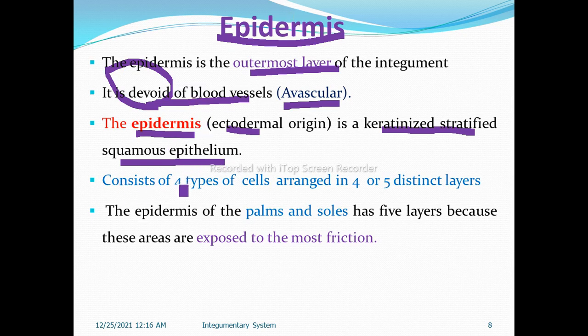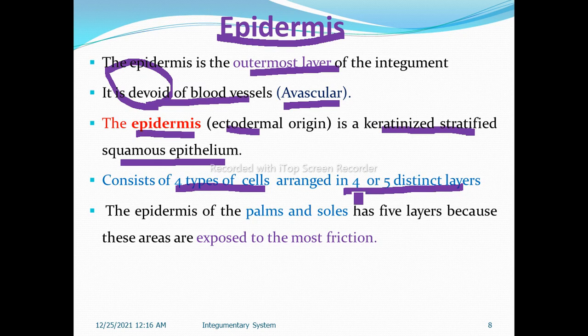Epidermis consists of four types of cells. These cells are also arranged in either 4 or 5 distinct layers. So we will have 4 types of cells and 4 or 5 layers. Why do we say just 4 or 5 distinct layers?